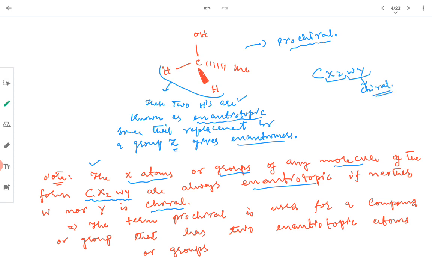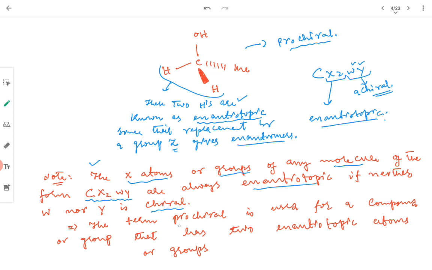We'll call them diastereotopic. So for enantiotopic, W and Y have to be achiral. Then these X2 atoms will be known as enantiotopic.